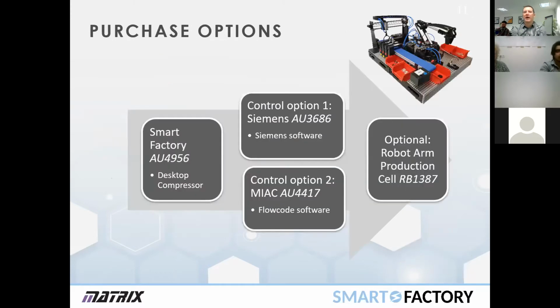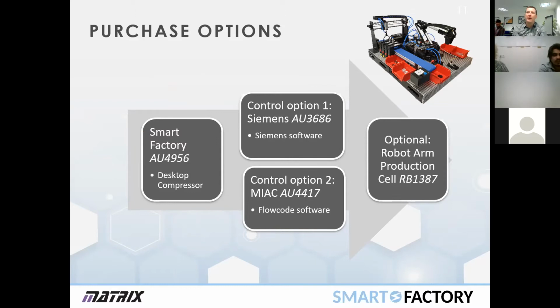So just to summarize purchasing options for you then. First of all, the customer will need the Smart Factory, of course. That is the AU4956. That is a necessary item. And alongside that, they may also want our desktop compressor, which is the same desktop compressor that we use for our automatics range, which this product sits within.